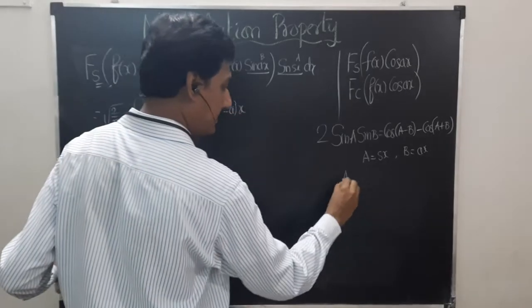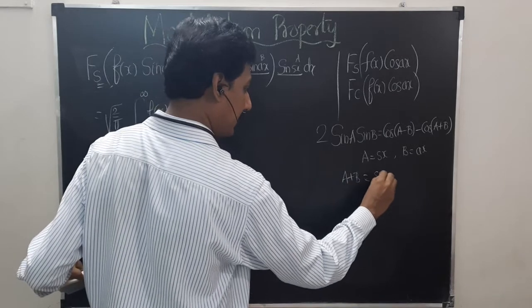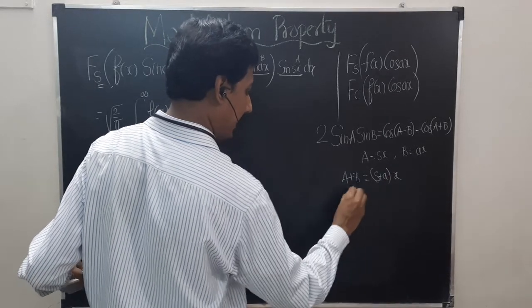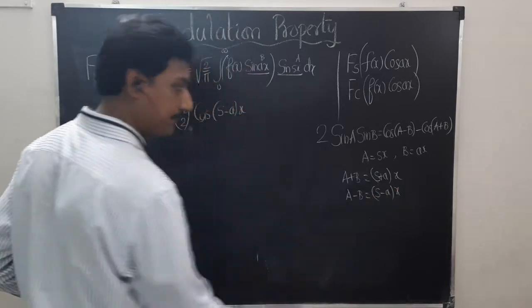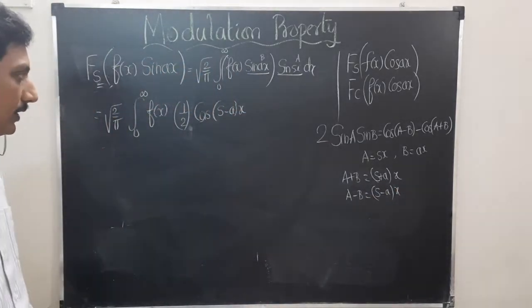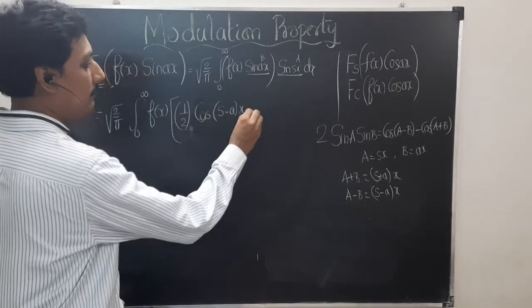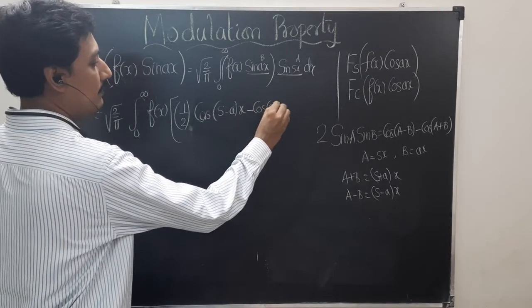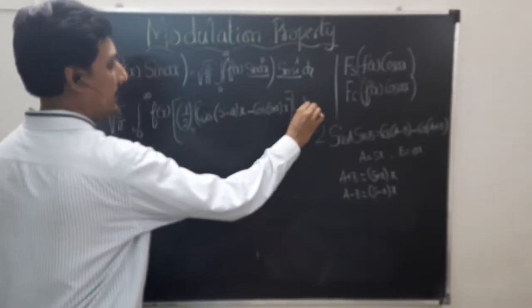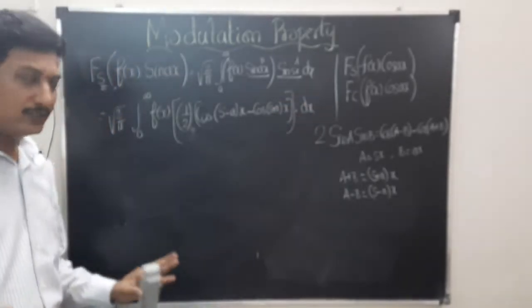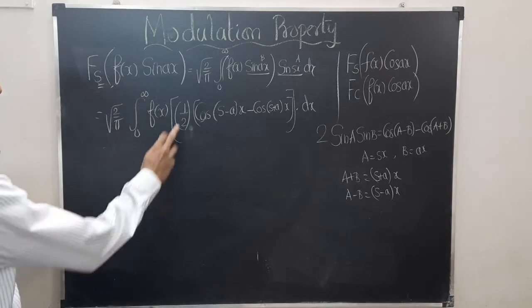What about a plus b? A plus b means s plus a into x, and a minus b means s minus a into x. Right? It's clear? Now, cos of a minus b minus cos of a plus b, so s plus a into x dx. Is it clear? Very simple concept. Now this 1 by 2 is taken outside.